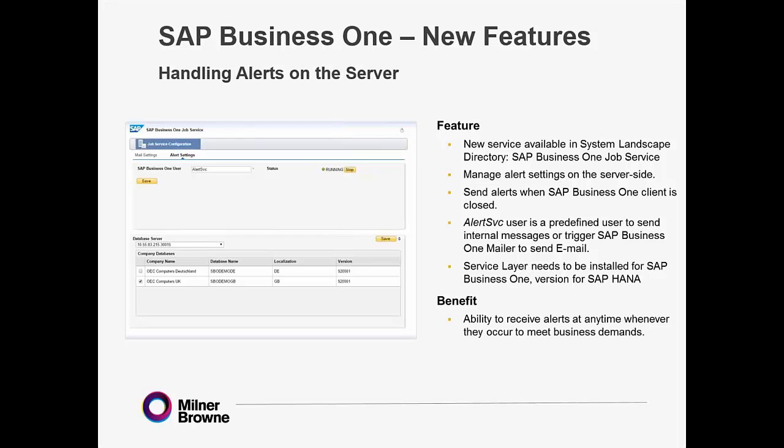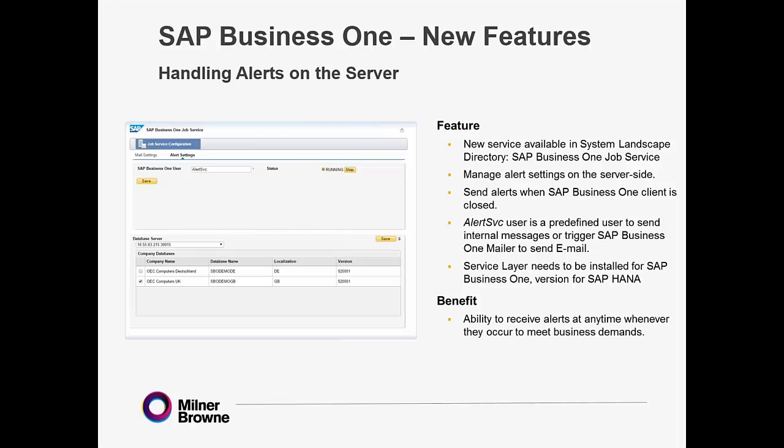Okay, so first one then. Ever since I've been working with Business One, one of the things that people have asked for is a way to ensure that alerts that they set up in Business One will work and continue to be sent out and notified to the appropriate people, regardless of whether or not Business One is open. And so finally, great news on that front, SAP has now introduced in 9.2 what it calls a service.